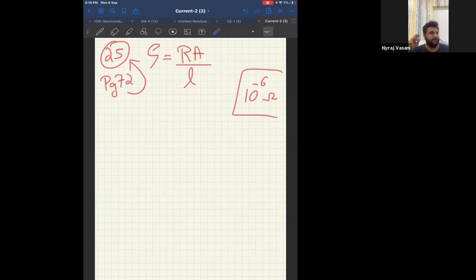Okay. Last question for today. Question number 26. Same formula, same logic. Start.